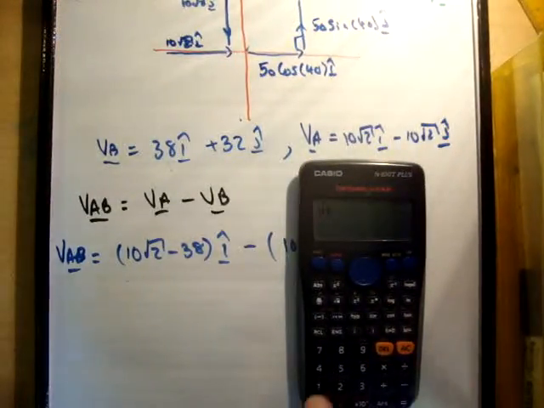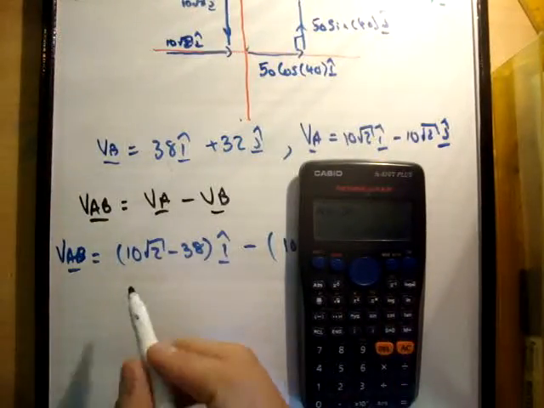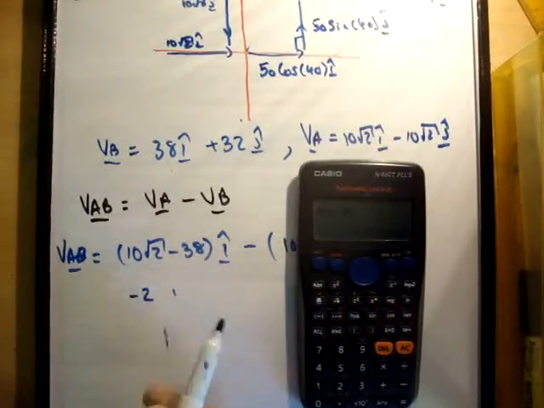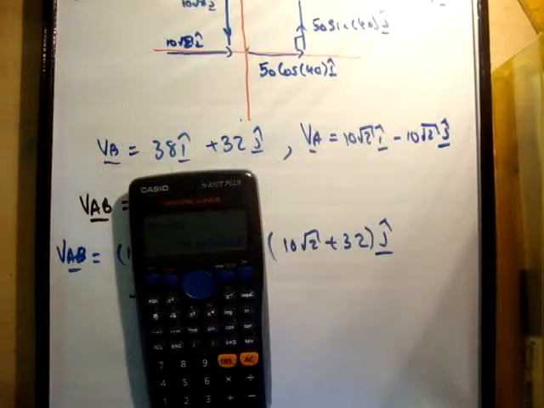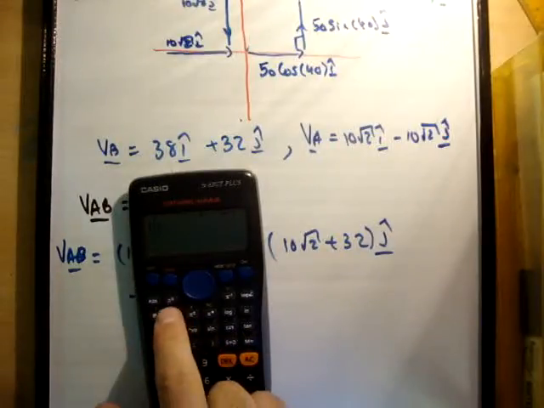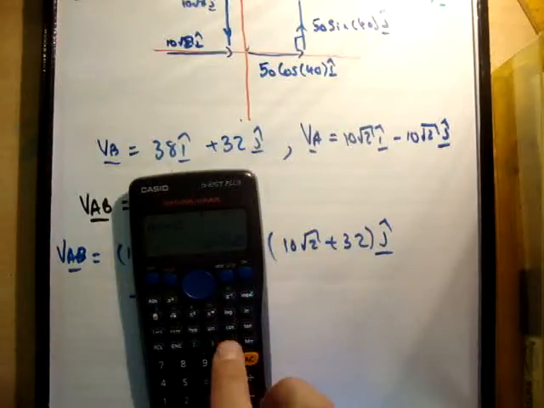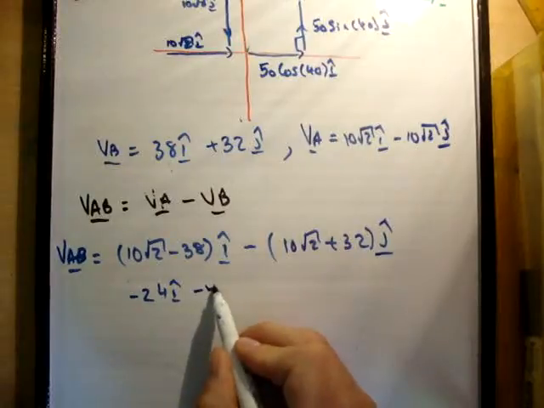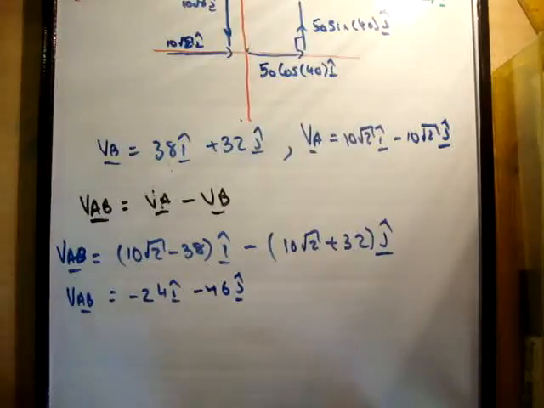So we have 10 root 2, and we've got to take away from that 38, and this is going to be negative 23.8, so I'm going to say negative 24 i hat, and we have 10 root 2 plus 32, and this is going to be 46.1, so I'll say negative 46 j hat. That's going to be the velocity vector VAB.